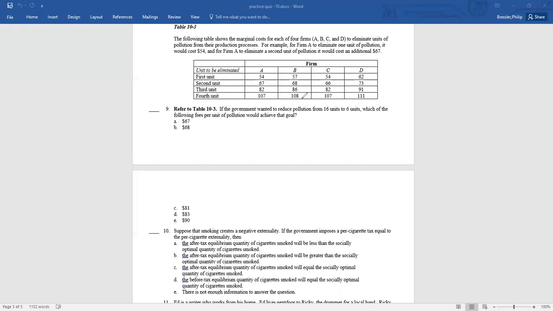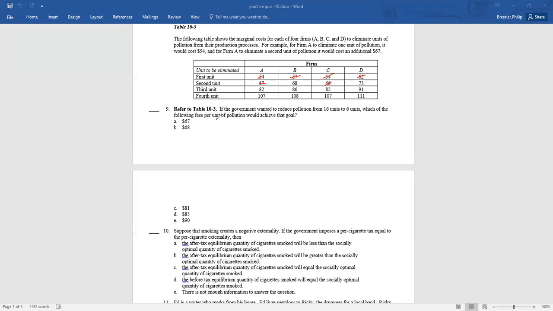The only way I know how to do this is through process of elimination. So say 67. I get rid of 1 unit, 2 units, because these are under 67, so that would get rid of 3 units, 4 units, 5 units. No, that's costing 68. I can't get rid of it. 6 units. I'm only getting rid of 6 units, and I'm left with 10 units of pollution, so that isn't the answer.